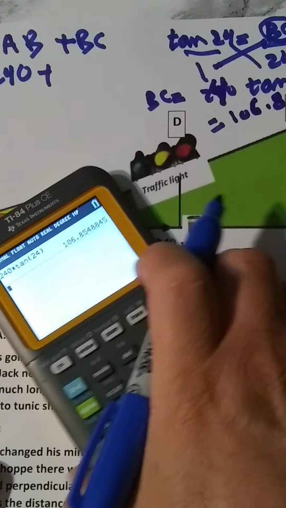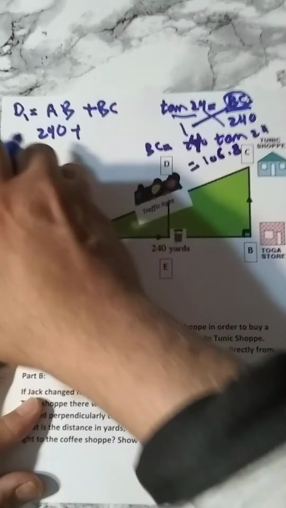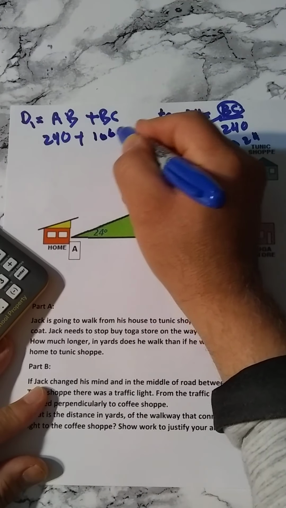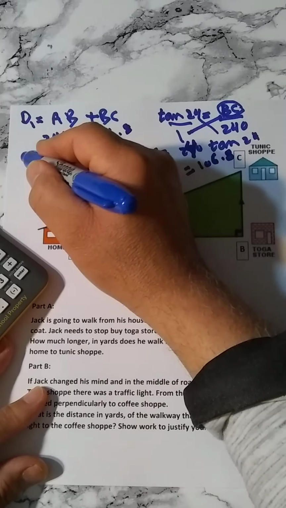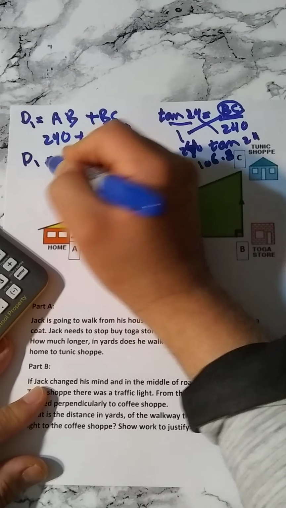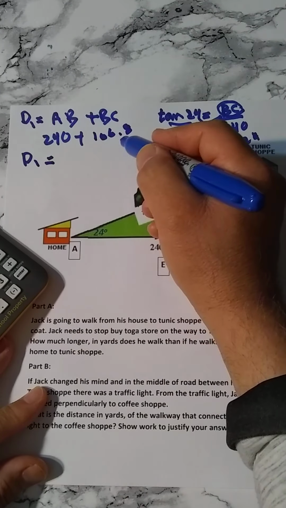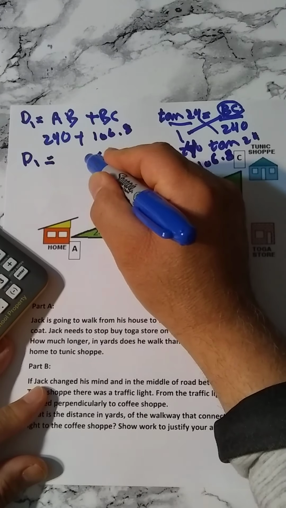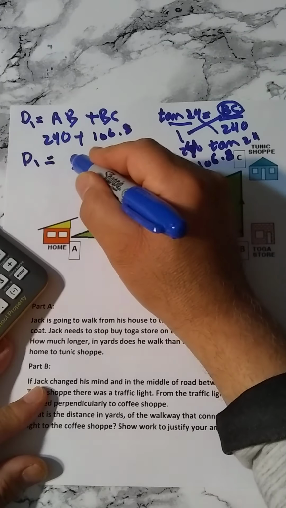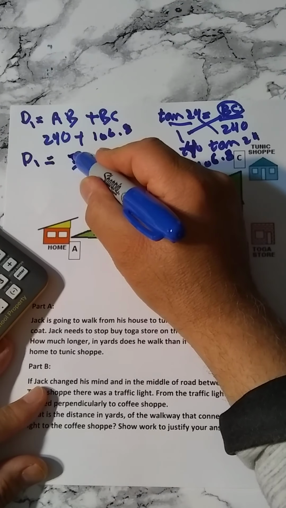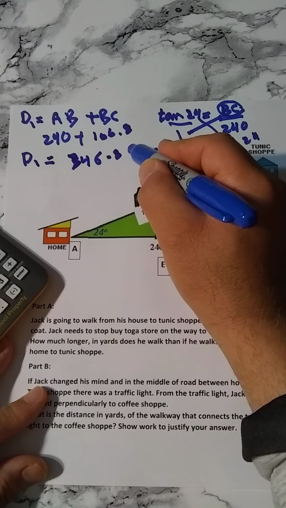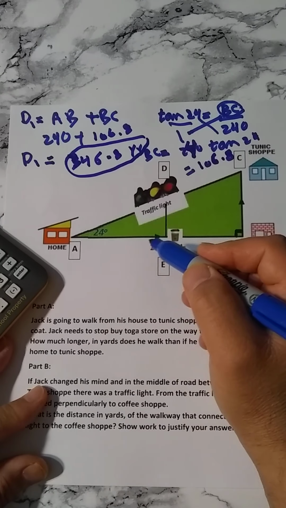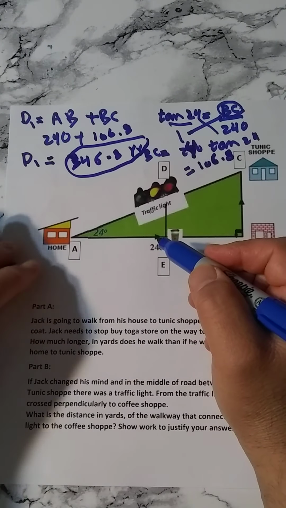So replace 106.8 yards over here. Distance 1 finally equals 106.8 plus 240, which is 346.8 yards. That's distance 1. Now we're looking for distance 2.